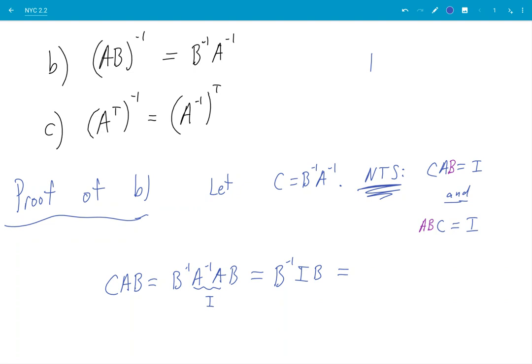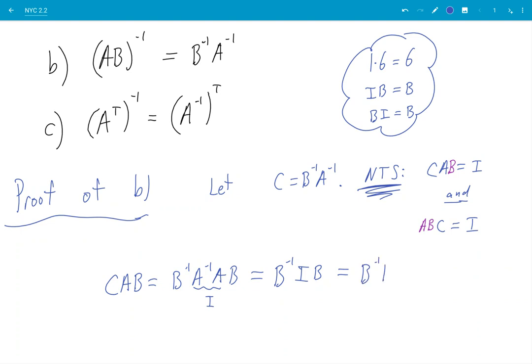Okay, so when I go 1 times 6, I just get 6. And when I take I times a matrix, whatever B, well, I'm just going to get B. And also B times I, it's also just B.